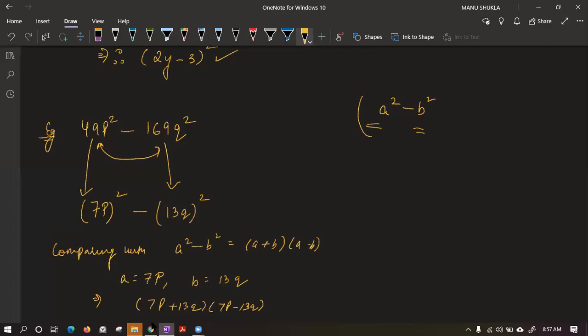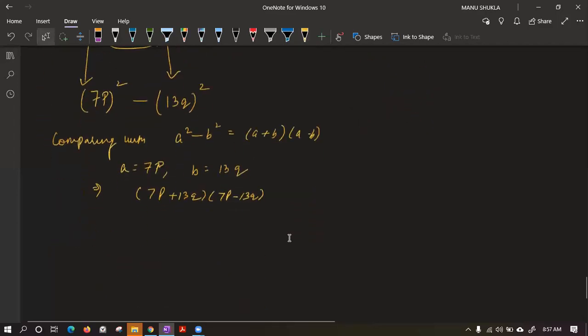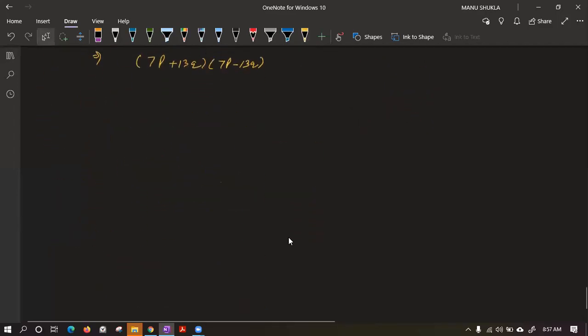Now let us try the next example. I'm giving you examples so that you can try the questions of the exercise on your own. Example number 7, let us try.